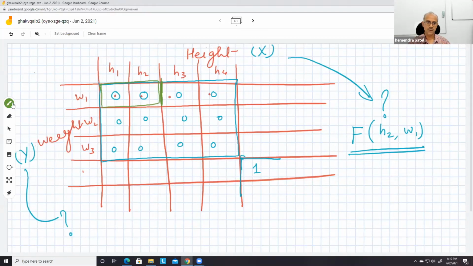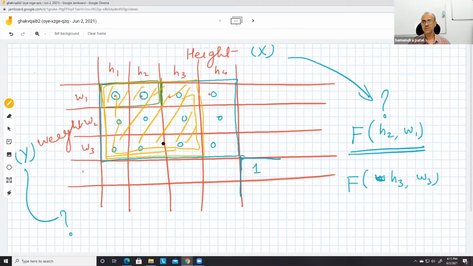Similarly, if you want to find F(H3, W3), then you can see that in this case, this part will be added, because all these numbers are included.